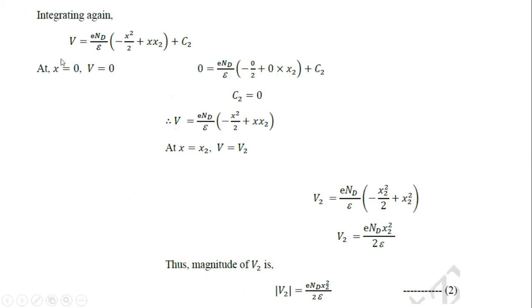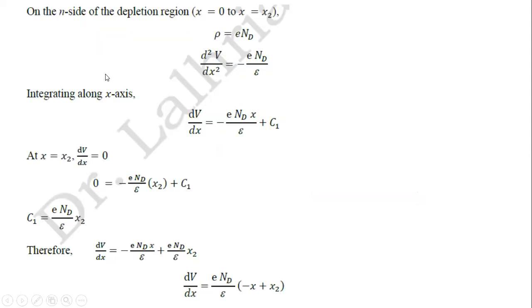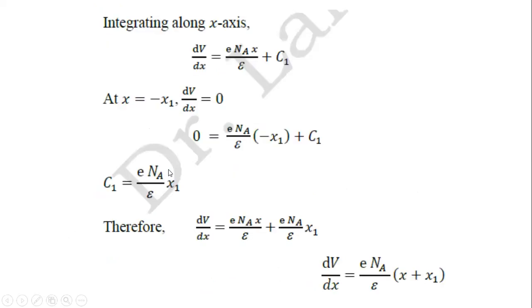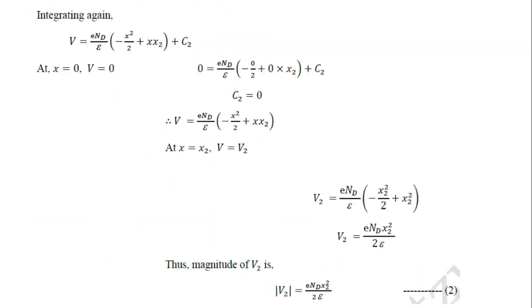And again in the potential problem, we have assumed that at the junction, that is at x equal to 0, your potential is 0, because it is changing from minus v1 to plus v2. Therefore, considering that at x equal to 0 the v value is 0, you can calculate that your c2 value is 0, and you can obtain your v value.